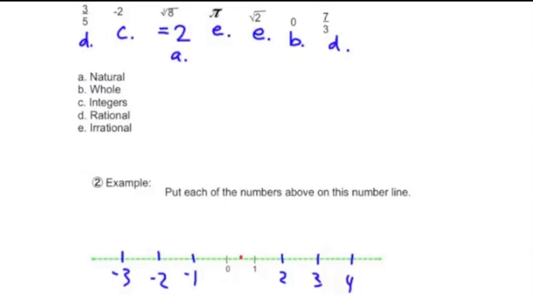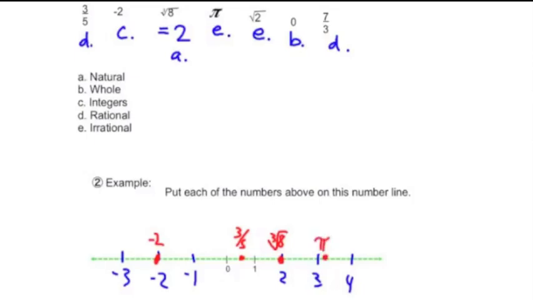So I'm going to put that about right here. Negative 2, right here. It's cube root of 8, which we said reduced itself to 2, goes right here. Pi is somewhere 3.14, so that's a little bit bigger than 3, so about right there.